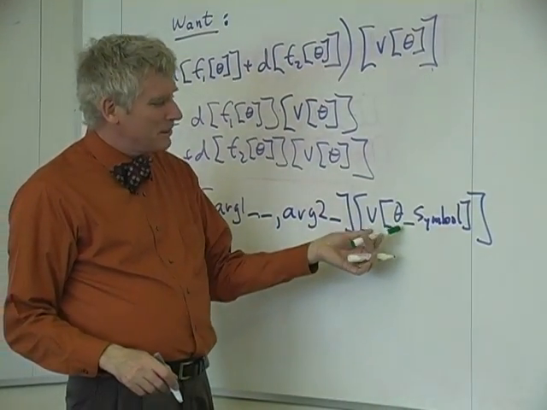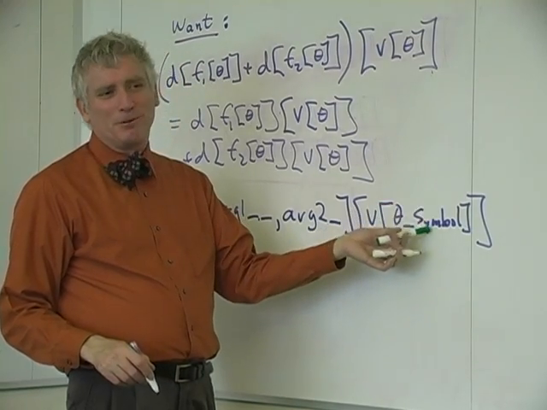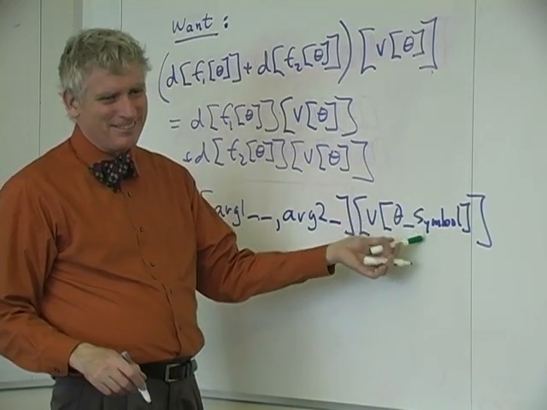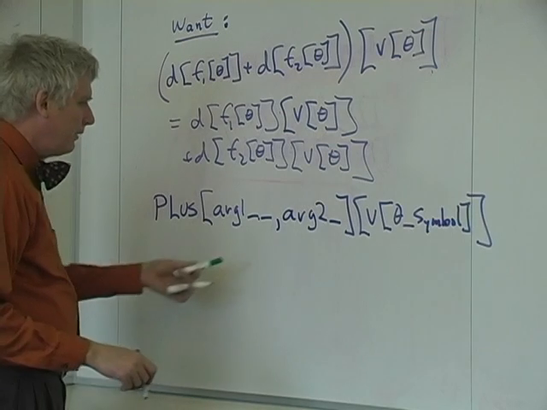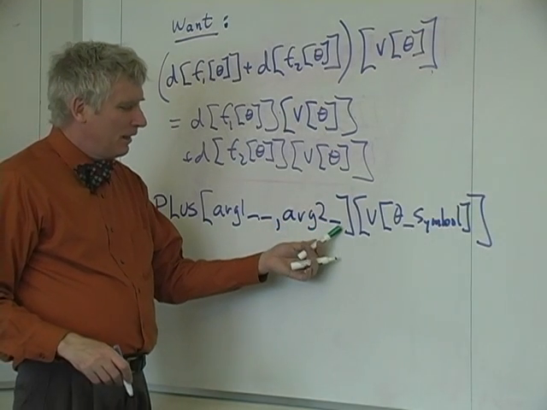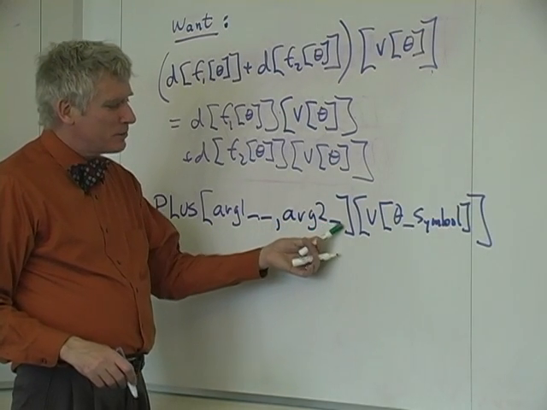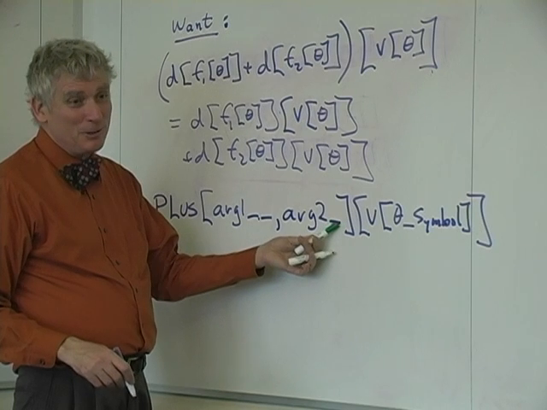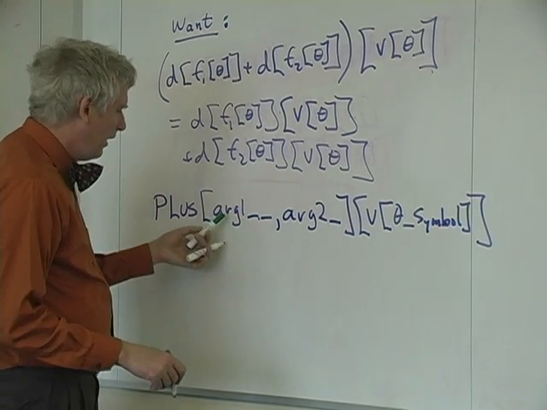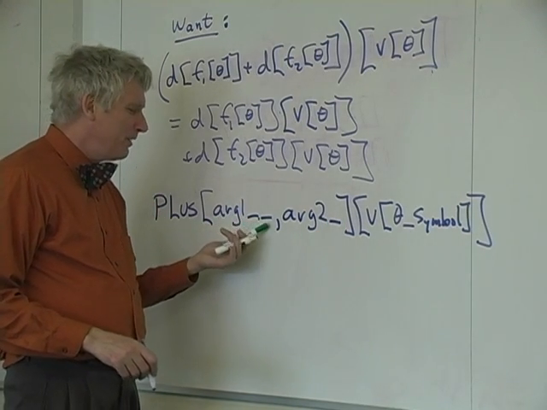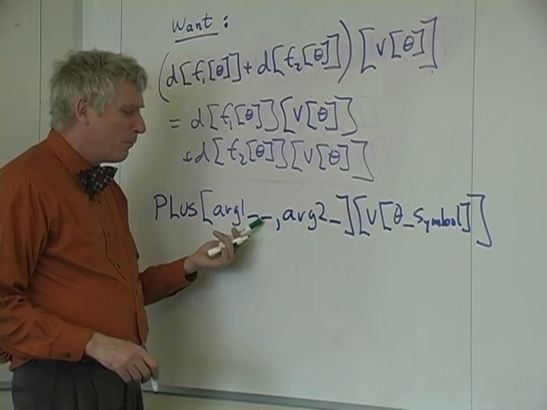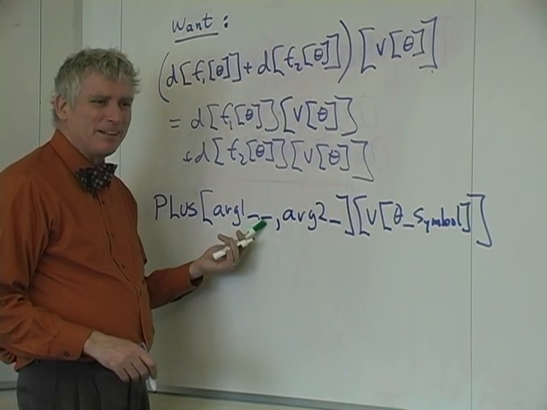V of theta means theta is anything that's a pure symbol, not some complicated expression. Arg2 means any single expression, not including a comma. Arg1 underscore underscore means one or more arguments separated by commas.